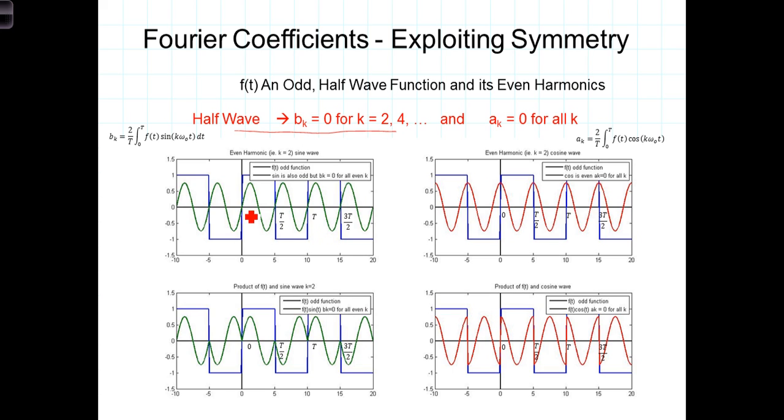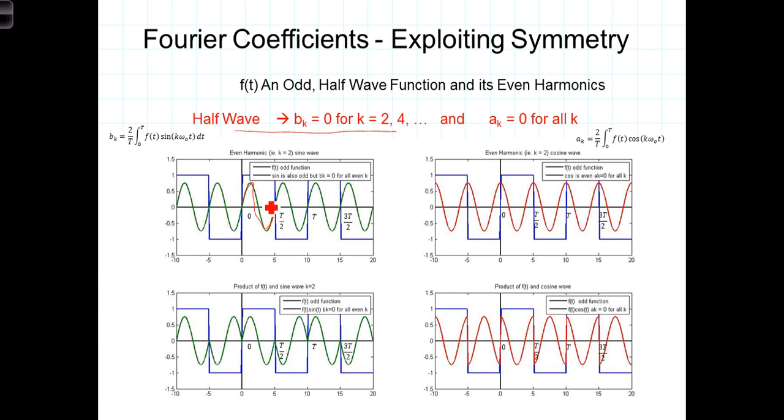And hopefully you can see here that you get a complete sinusoidal cycle in the first half and a complete sinusoidal cycle during the second half. And because it's half-wave symmetrical, the second half is the negative of the first half.